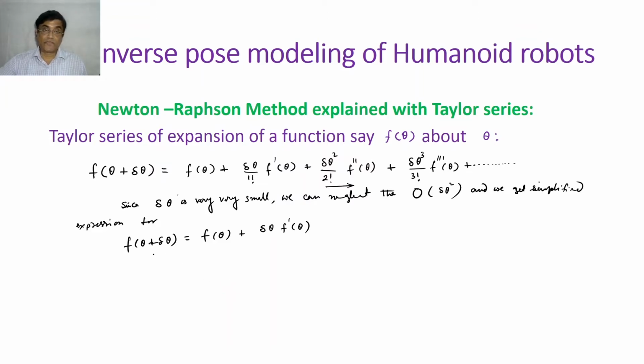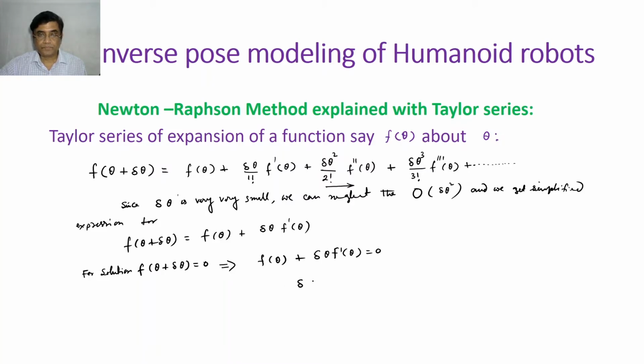And as you know, we are looking for a solution, and delta theta is too small, so for a solution this has to be equal to 0. So what you are getting is f of theta plus delta theta times the first derivative of theta equals 0.